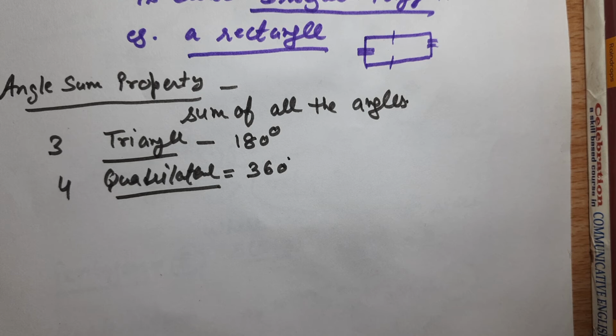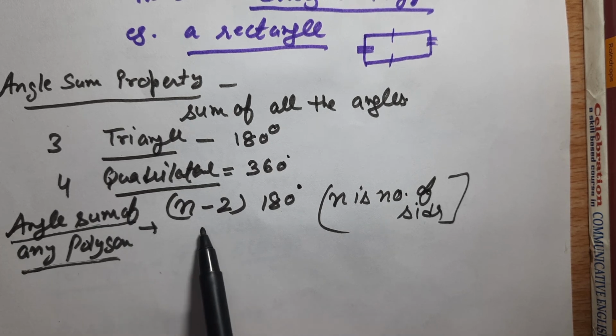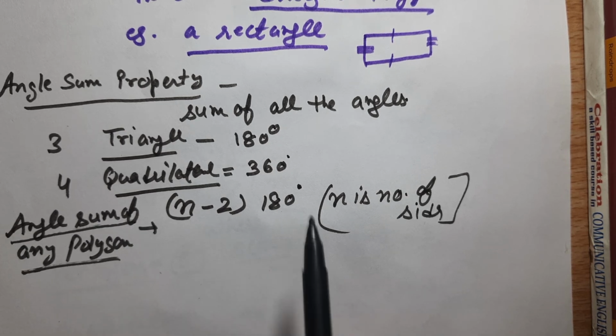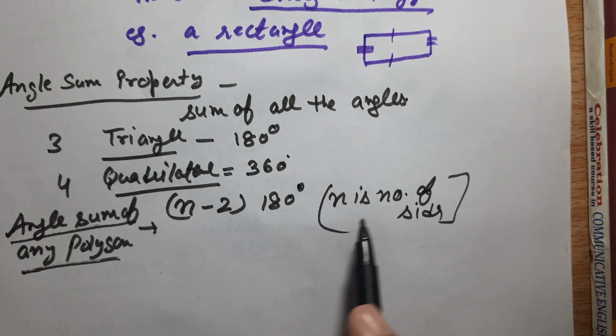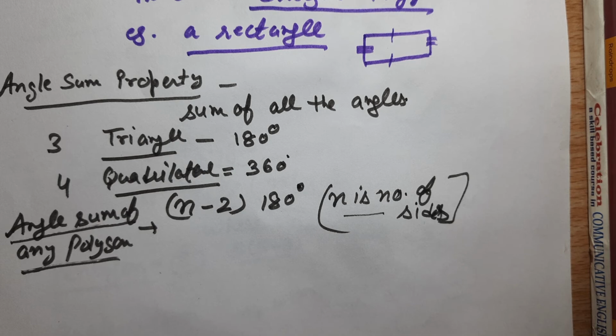So we will conclude a formula for this. The formula is, angle sum of any polygon is given by the formula n minus 2 into 180 degrees, where n is the number of sides of the polygon.